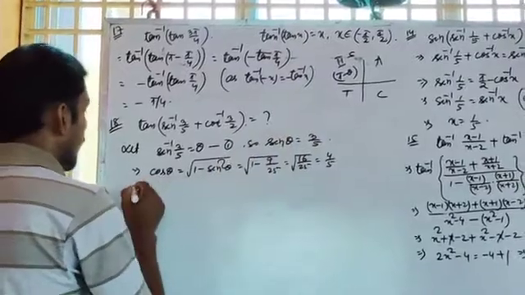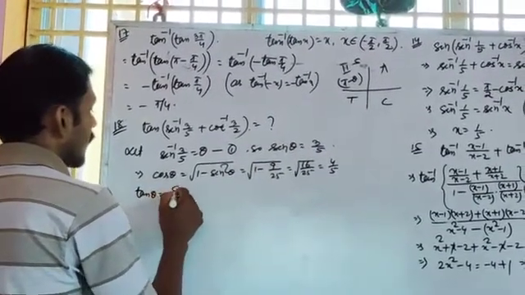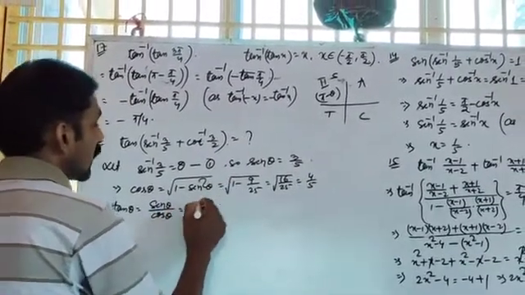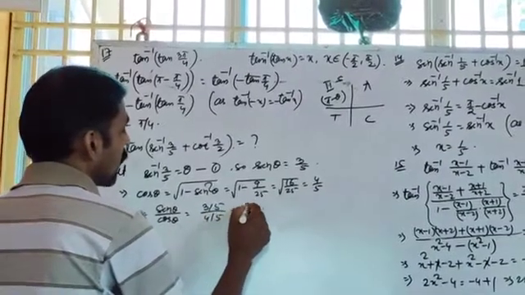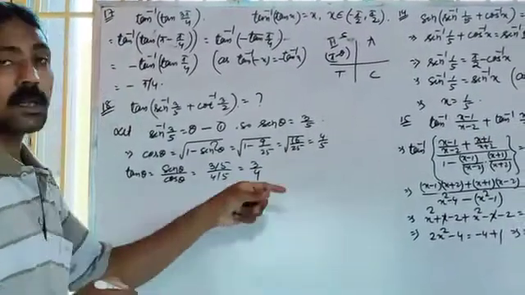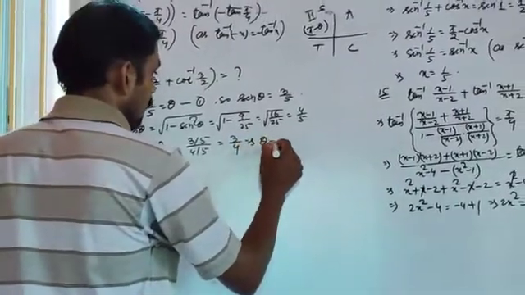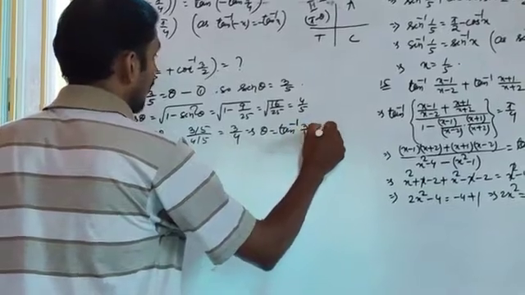Sin theta is 3 by 5, so tan theta is sin theta by cos theta. So it is 3 by 5 by 4 by 5. This is 3 by 4. Tan theta equal to 3 by 4. This implies theta equal to tan inverse 3 by 4.